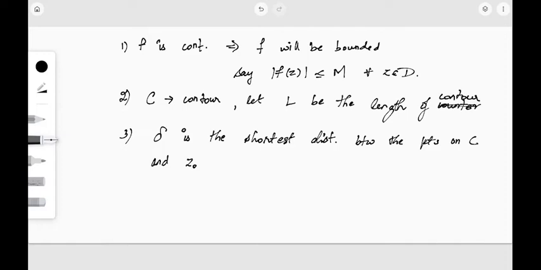Okay, so this implies modulus of z minus z dot will be greater than delta, right?